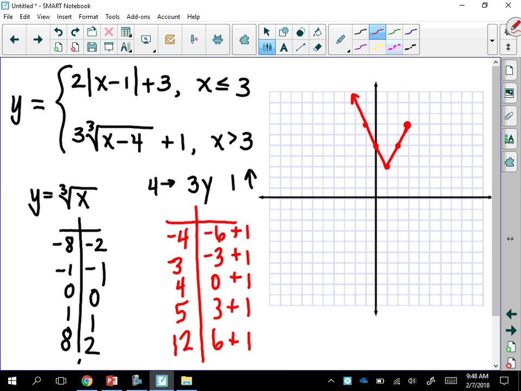So our points will be at -4, -5. 3, -2. 4, 1. 5, 4. And then 12, 7. So here would be this cubic root function.